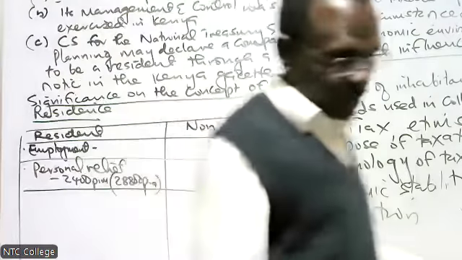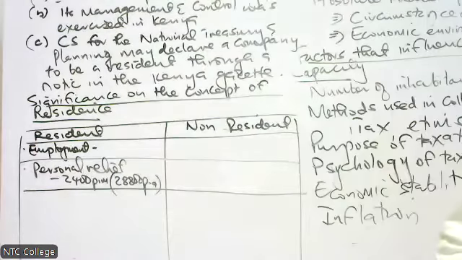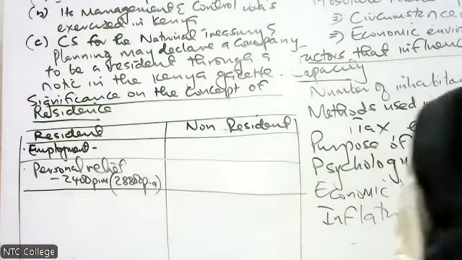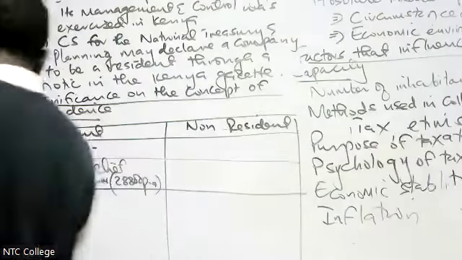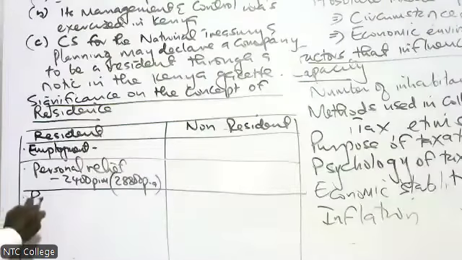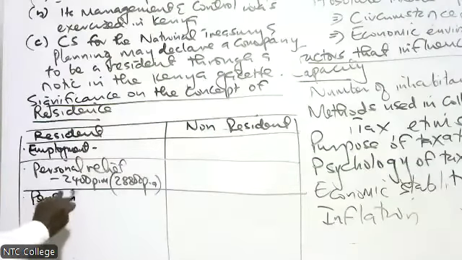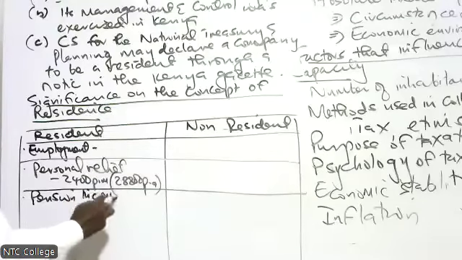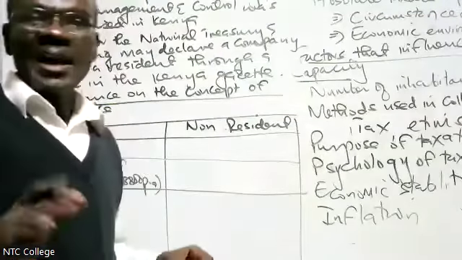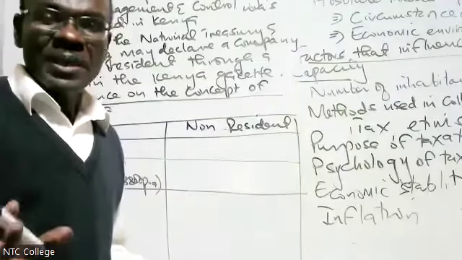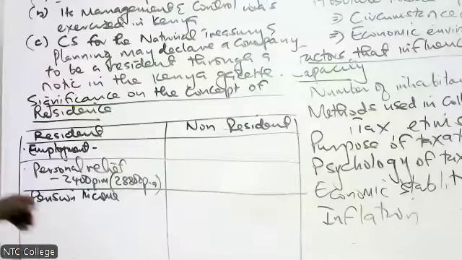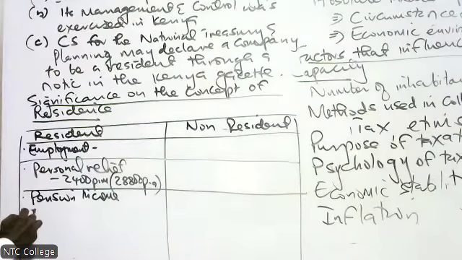Another difference is on which income. Let me introduce pension, because we did pension under purposes of taxation. Pension income. If you're a resident person and you retire and they want to pay you pension, there'll be those limits we talked about.